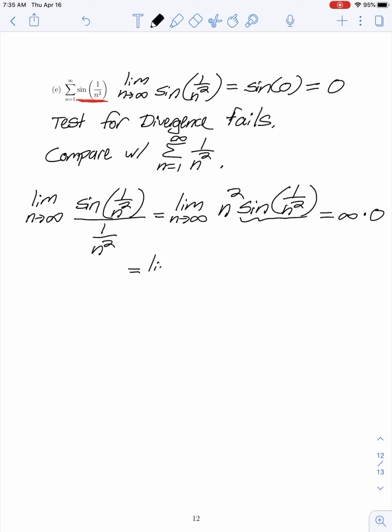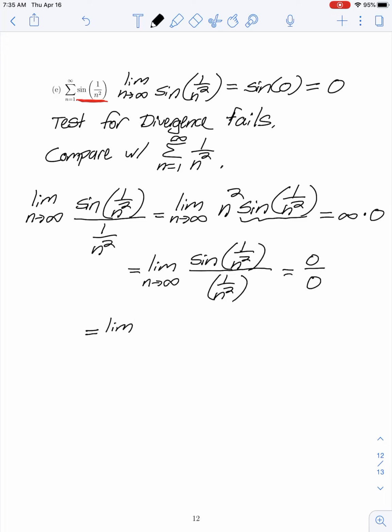So this one we could rewrite in the original form that we had it, that is, sine of 1 over n squared divided by 1 over n squared. And here, as n approaches infinity, both our numerator and denominator are approaching 0. So we have a form where we could apply L'Hopital's rule.